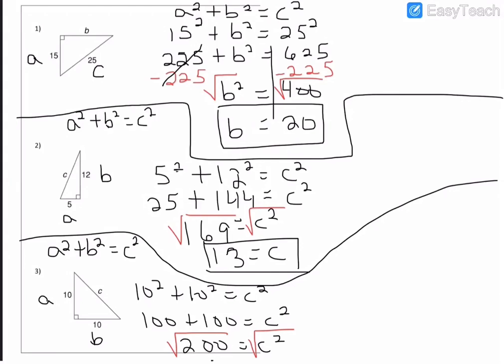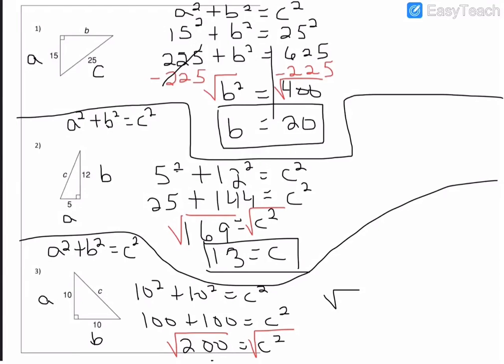And here is where you can see, if you look at your square root chart, or if you put this in your calculator, the square root of 200 is not a perfect square. So when the instructions tell you to leave your answers in radical form where appropriate, because you are to find the exact missing length, then this is how we would leave it.